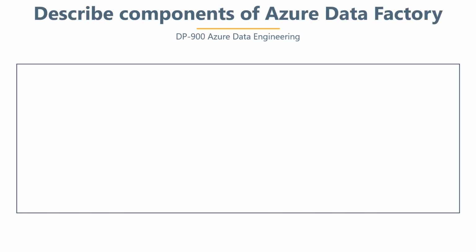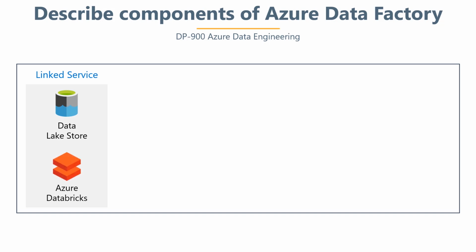Now, let's try to understand the components of Azure Data Factory and how it is actually going to ingest data and process it. Azure Data Factory has a service called linked service. This linked service provides a connection to the various data sources, which can be a data lake store, Azure Databricks, or even simply data from a SQL Server located on-premise.